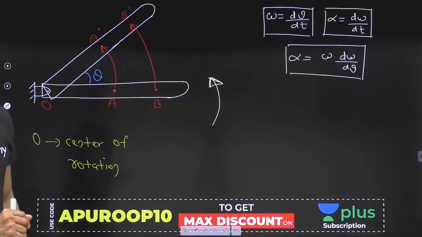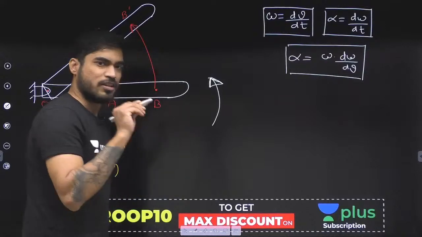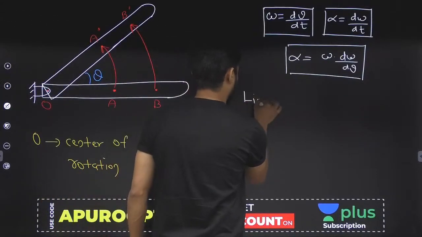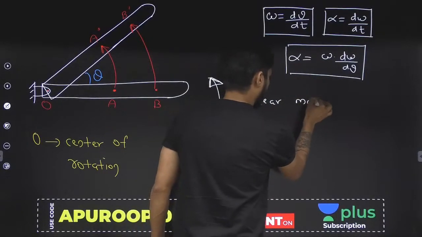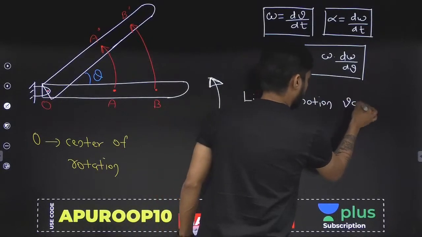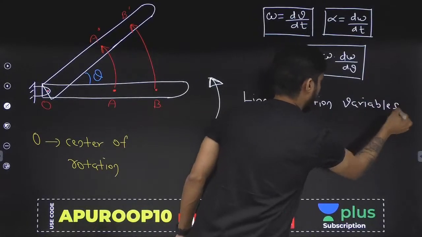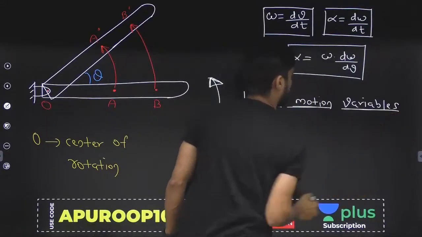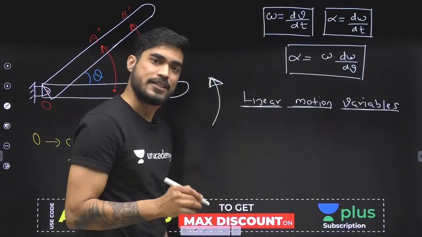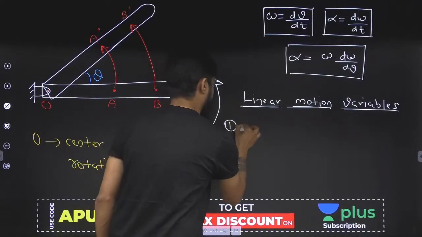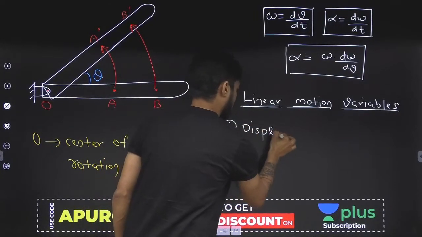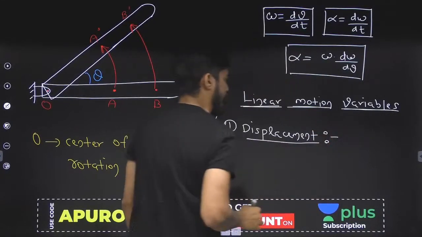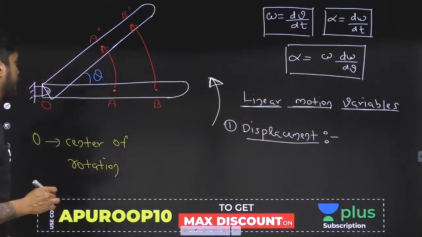Okay, let's understand how. The first linear motion variable that we are going to see is displacement. So how can we calculate the displacement?